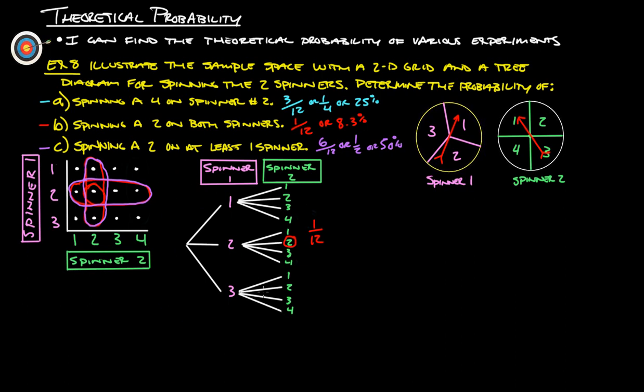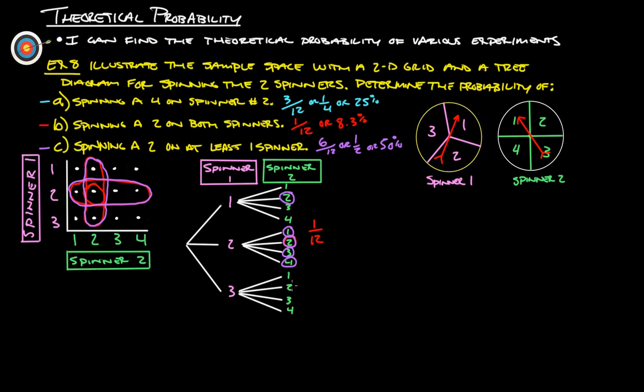Okay. The way to see if we get a 2 on at least one spinner here would be, say, okay, let's see, here's at least 1, 2. All of these here got a 2 on the first one, so all of those would work.